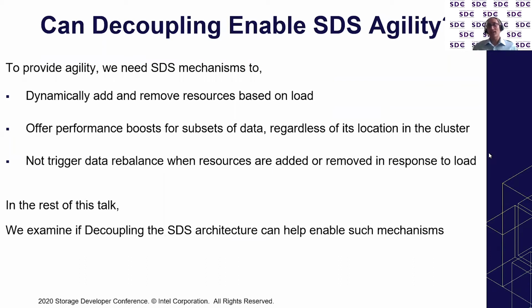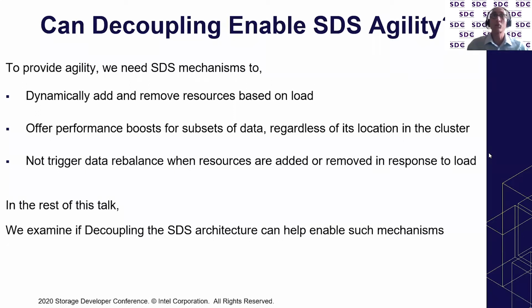So given these challenges, the question we pose is, can decoupling enable agility in SDS? And to make this happen, we believe the following mechanisms are needed. You need to be able to dynamically add and remove resources. And this addition or removal should be triggered based on load.